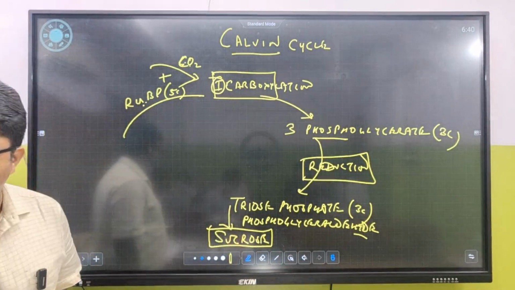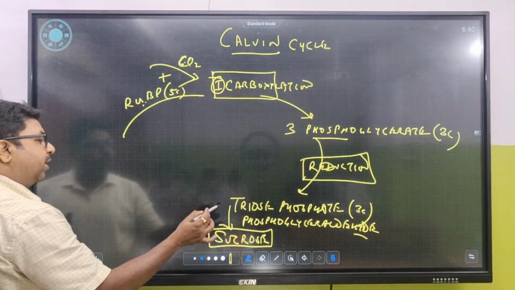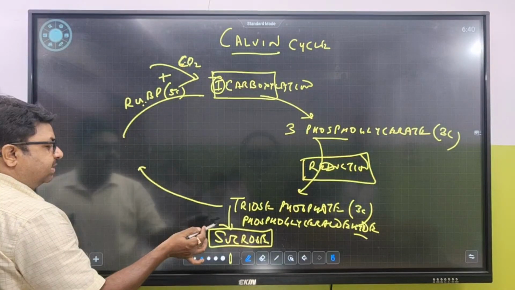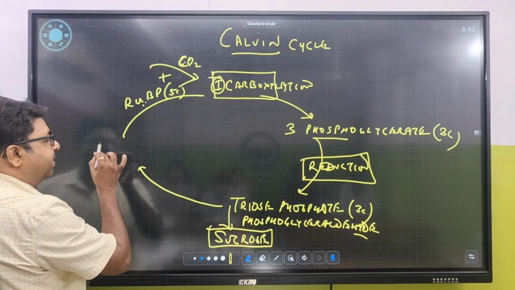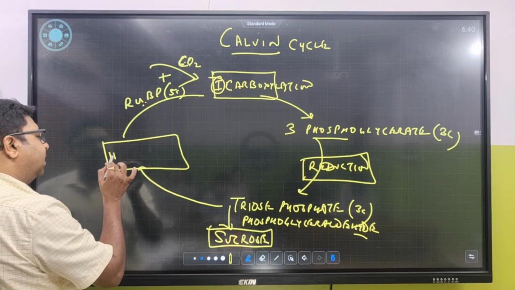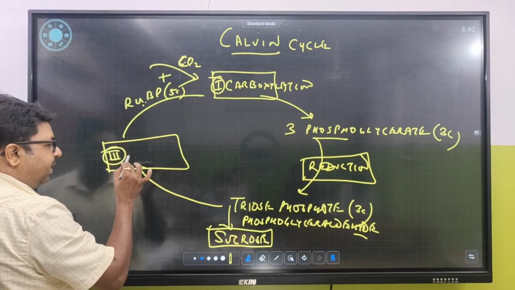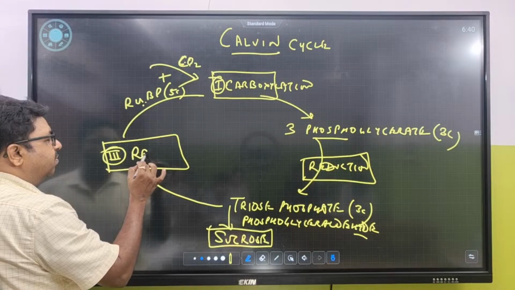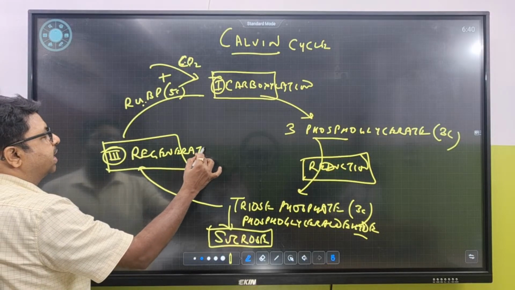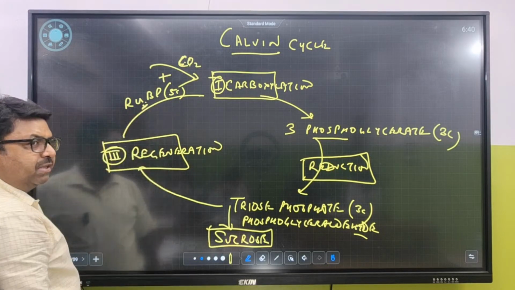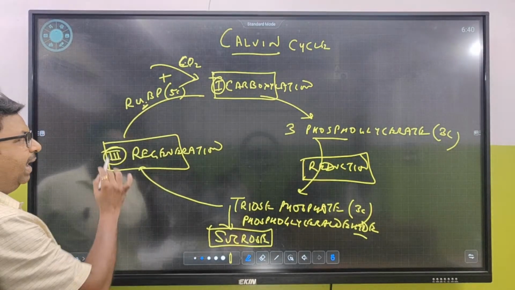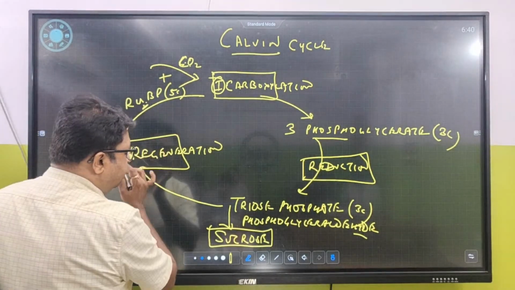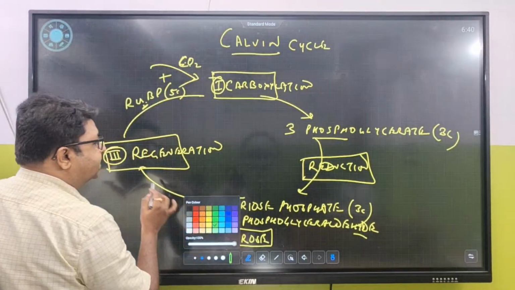Glucose is formed. The third step is missing here. According to the Calvin cycle in NCERT, what is the third step? Regeneration, RuBP regeneration. For that RuBP regeneration, they have shown ATP.